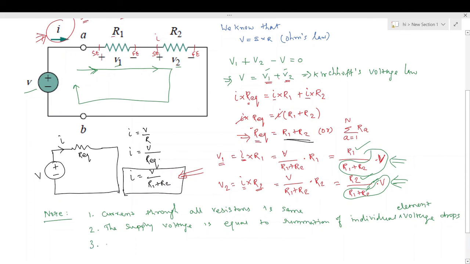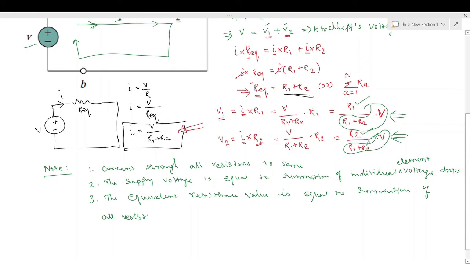Third one is the equivalent resistance value is equal to summation of all resistances. So these 3 points must be kept in mind for the series circuit. These are all very important points.